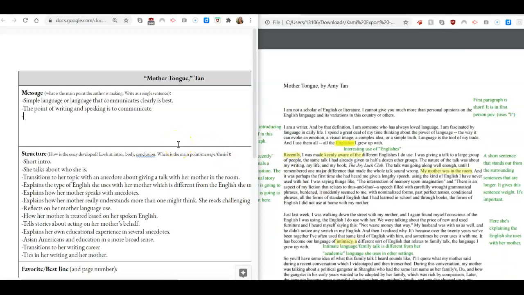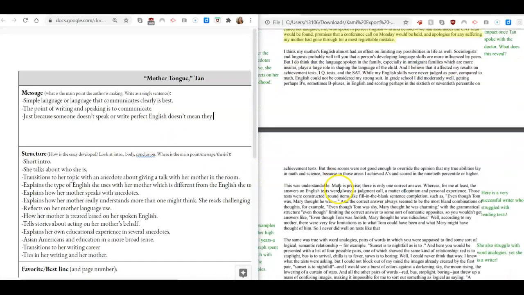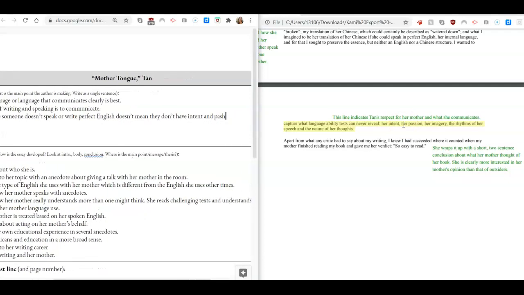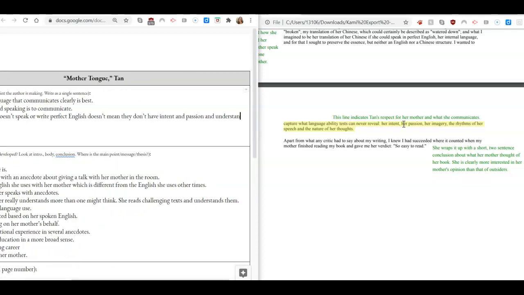You might take away the idea that just because someone doesn't speak or write perfect English doesn't mean they, I like this part down at the bottom, they don't have intent and passion and understanding.